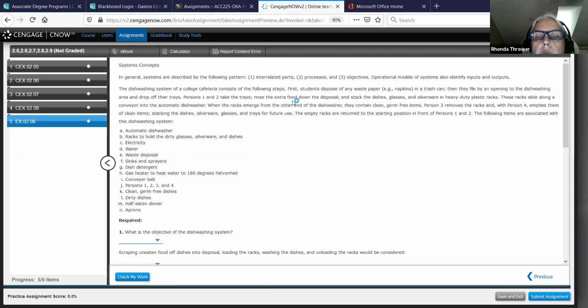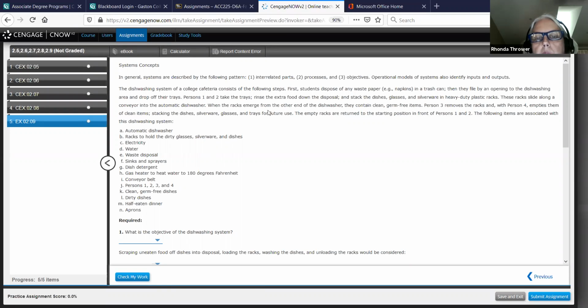They're going to rinse the extra food down the disposal. They're going to stack the dishes and glasses and silverware in heavy-duty plastic racks. These racks will slide along a conveyor into the automatic dishwasher.